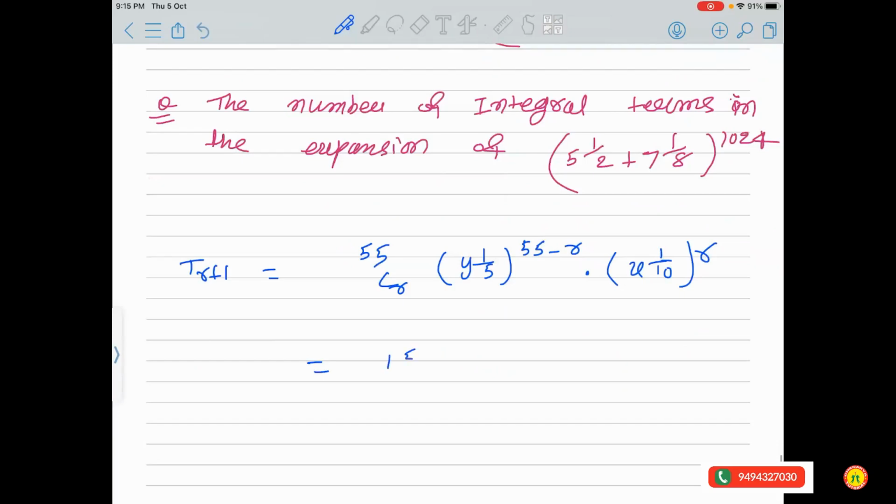So now it is 55Cr, y power (55 minus r)/5, and x power r/10. Got it?